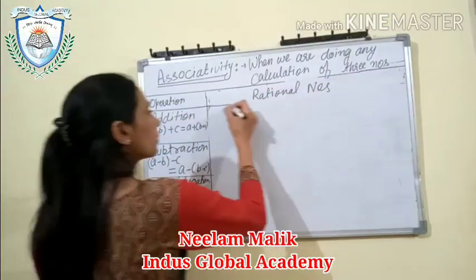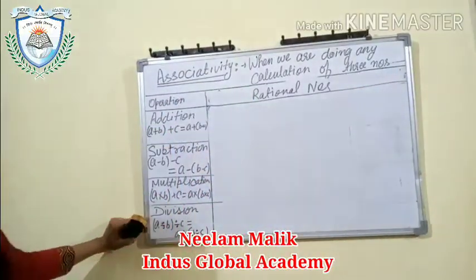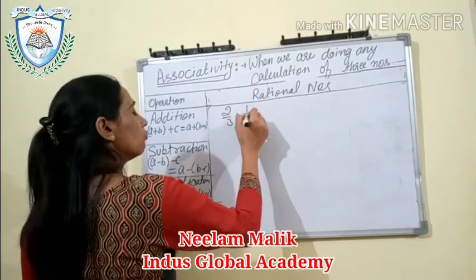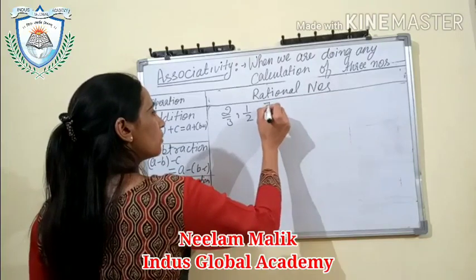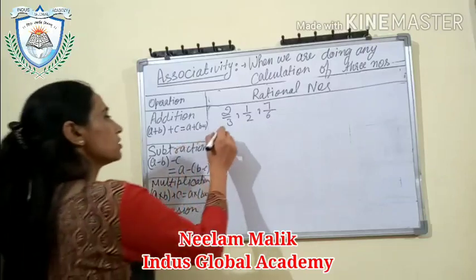What is addition? In addition we are having 3 values. Suppose you are having 2 upon 3, 1 upon 2 and 7 upon 6. Okay, so we have to add these. First take the left hand side.